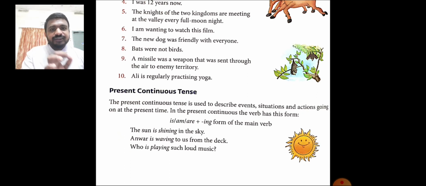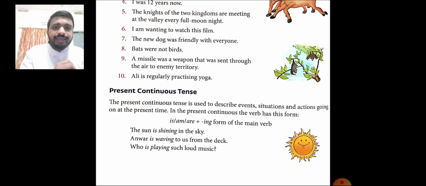We are listening to the classes. You are listening to the classes. Then he is listening to the classes. She is listening to the classes. Sandeep is listening to the classes. They are listening to the classes.